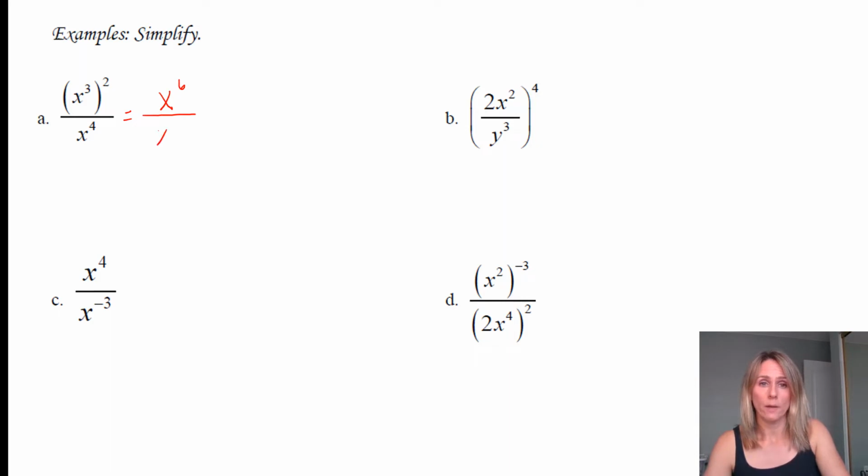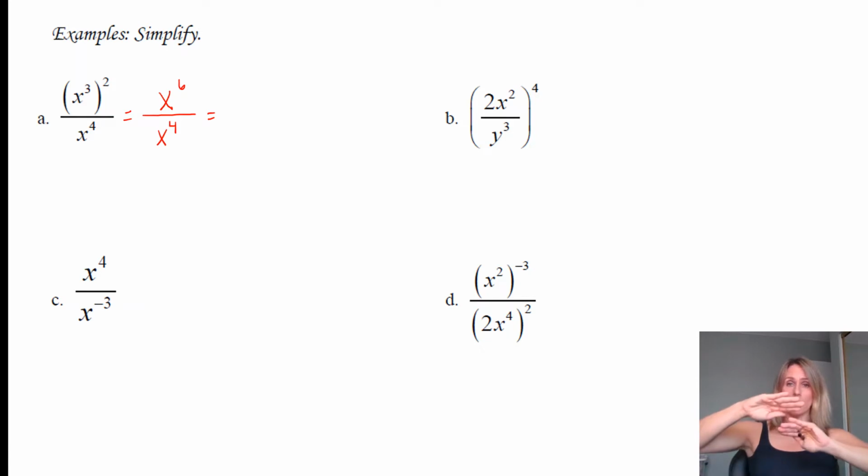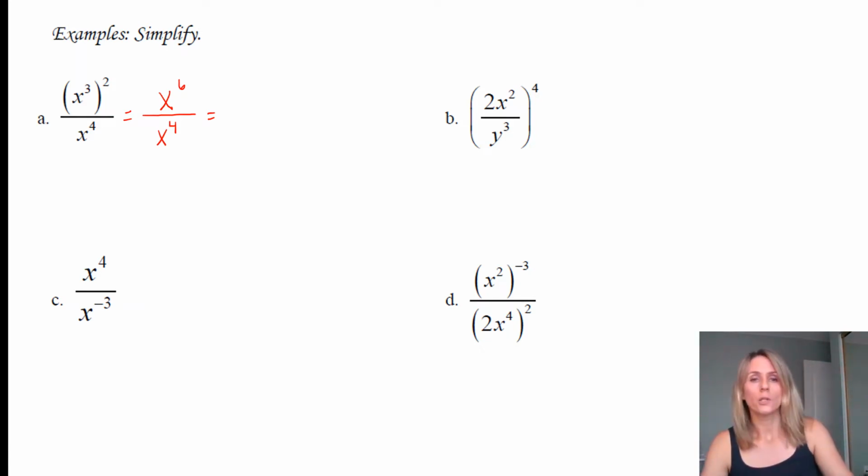In the denominator, we still have x to the 4th. And now notice we have the same base, different exponents, but division in between them. So again, you can take a look at your notes there, and you can see that we're going to use this quotient rule for exponents. That's telling us we need to subtract our exponents.